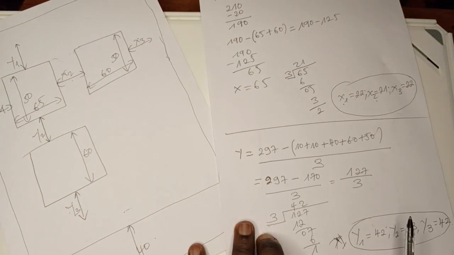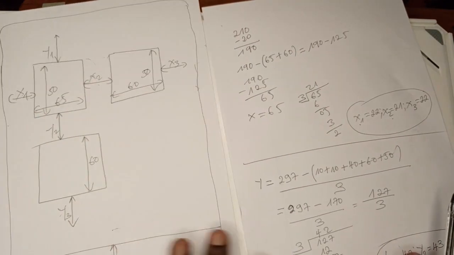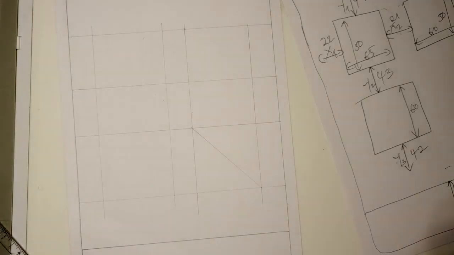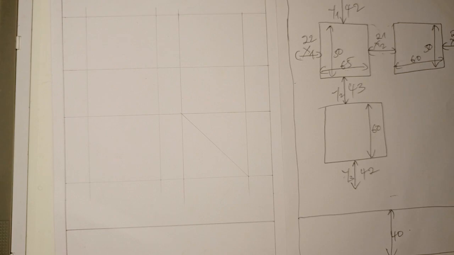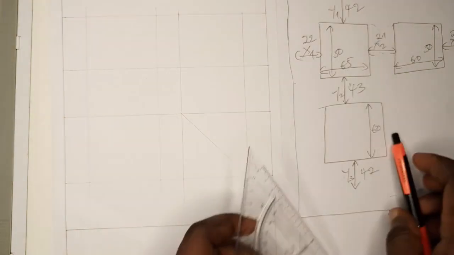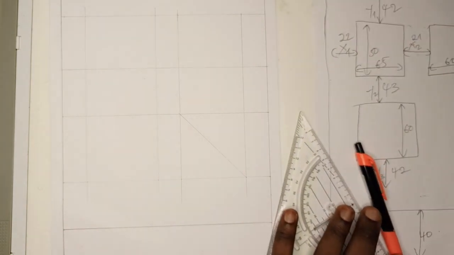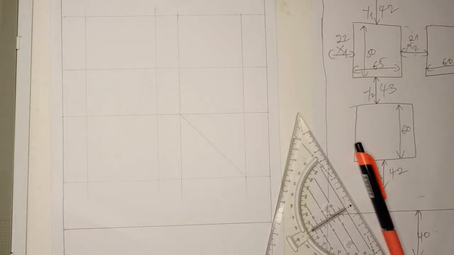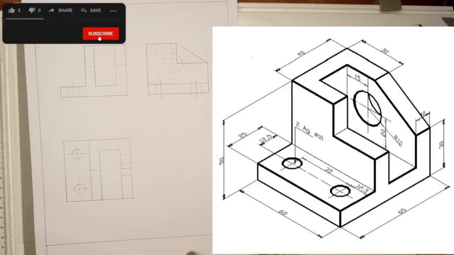If you do this perfectly, you will have something like this perfectly. From what you are having now, you can confidently trace out the rest of the views inside.